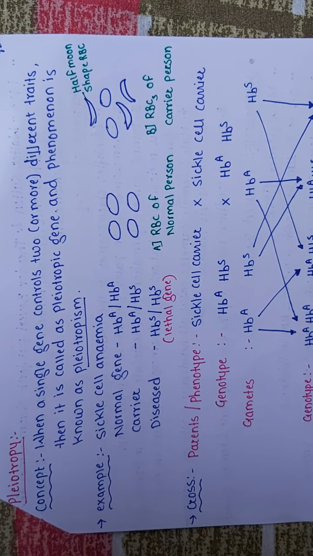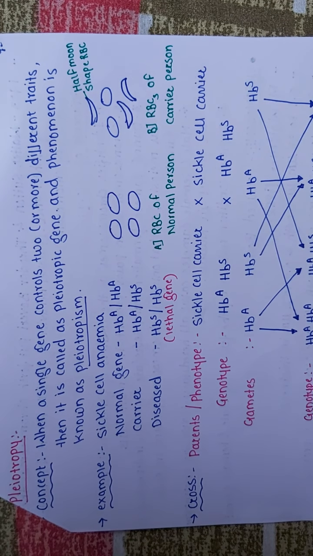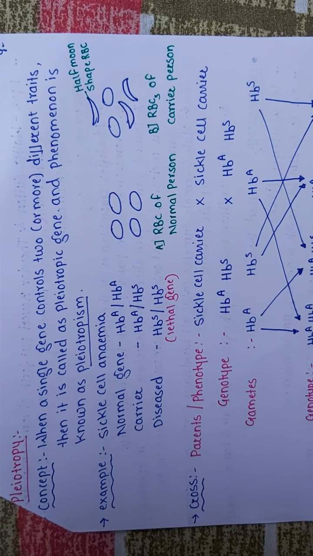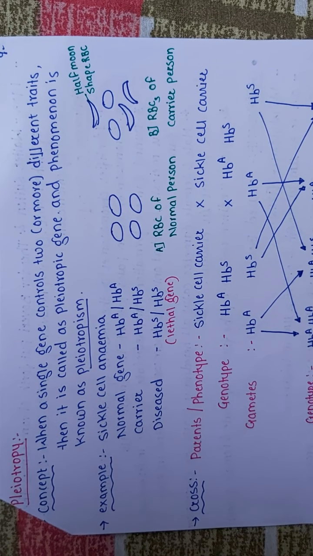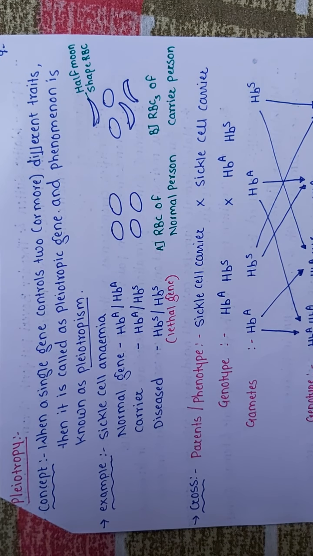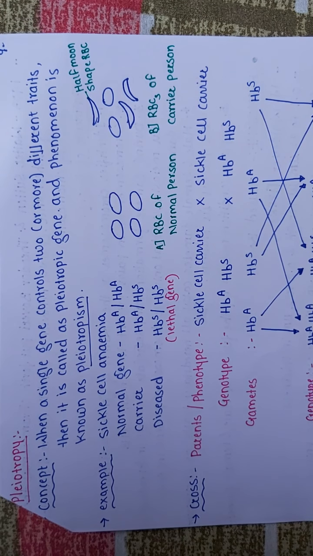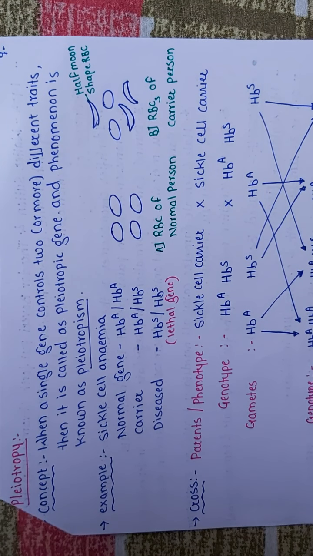So this is about pleiotropy, that is intergenic interaction, which is a type of gene interaction, under the topic deviation from Mendelian ratio. This is a very small lecture, but in the next lecture we are going to deal with the chromosomal theory of inheritance.